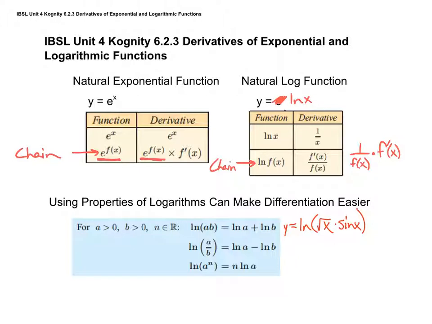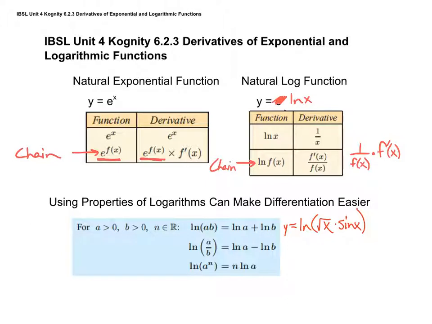Now, I wanted to do a quick example here of a more complicated one that we actually cannot do at this point any other way. And that is natural log of radical x times sine of x. We can't do it any other way at this point because we don't know the product rule yet.